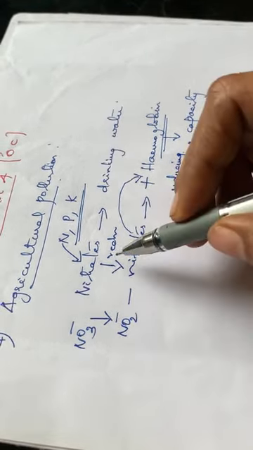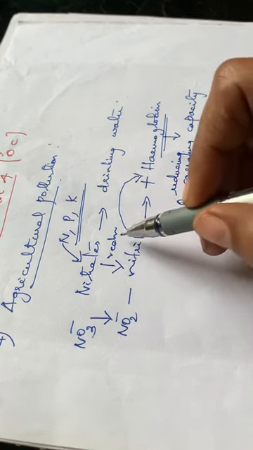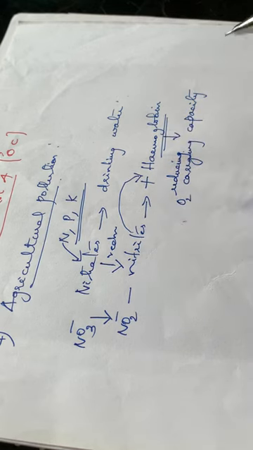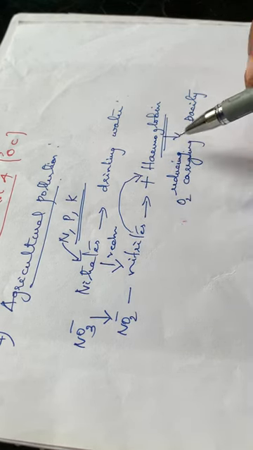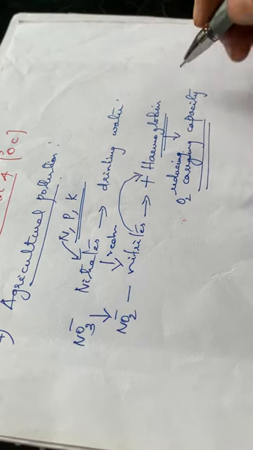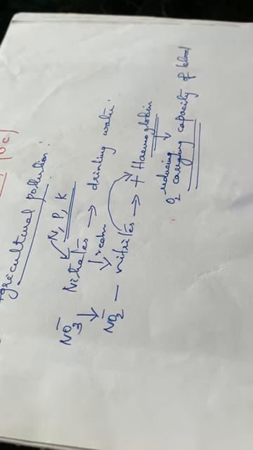So that is the case for nitrates. Nitrates, while reaching our stomach, will be reduced to nitrites, and these nitrites will be combining with hemoglobin. While this combination takes place, it will be reducing the oxygen carrying capacity of our blood, and thus it is highly poisonous or highly toxic to human beings also.